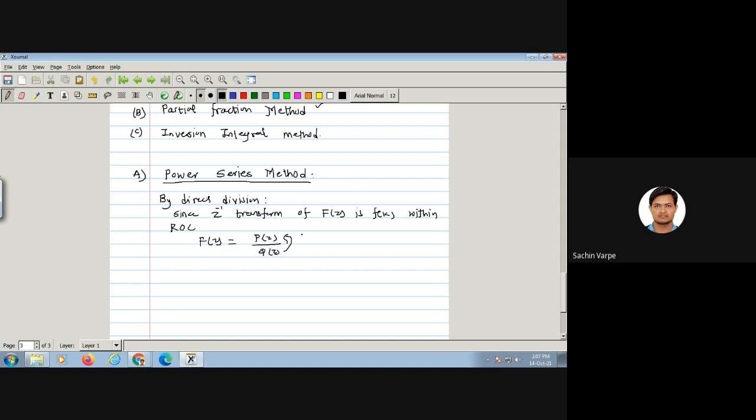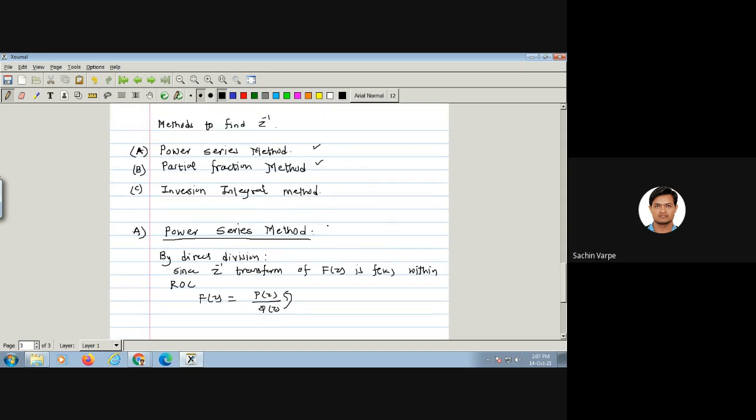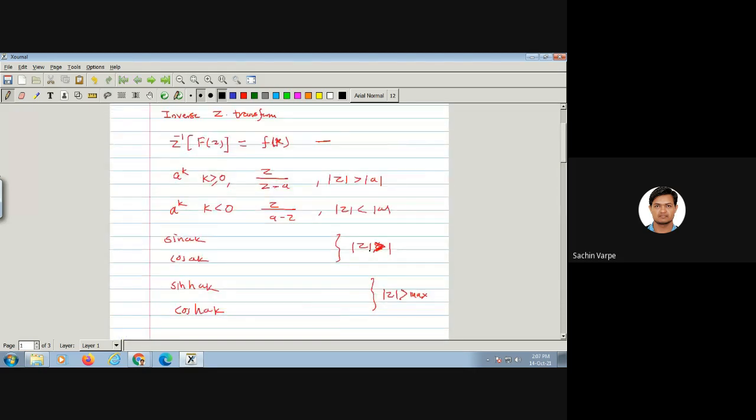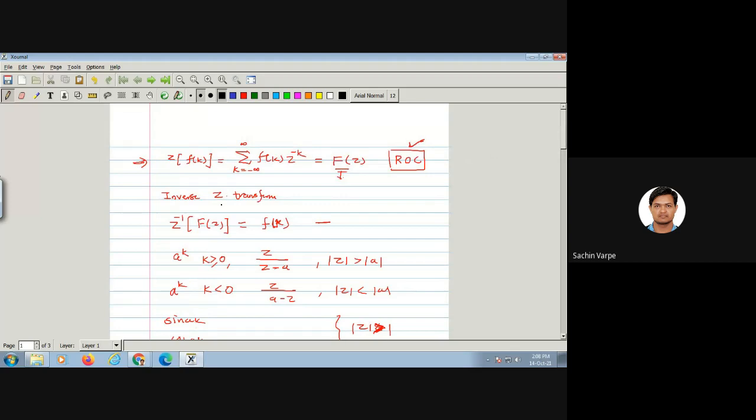We will get infinite terms in that expansion, and that is nothing but the power series method. If you recall the definition of Z transform, it is actually the power series.